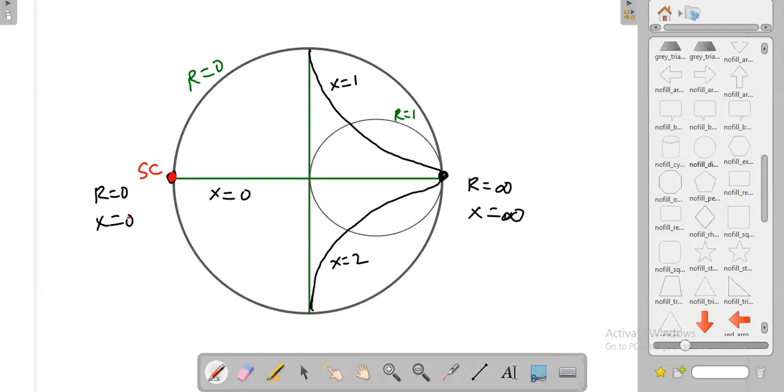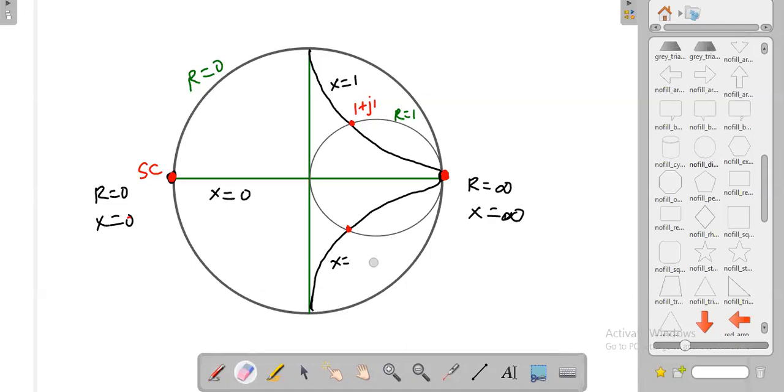If the impedance is of open circuit, then it has to be denoted on the right side of the Smith chart. Then when you have 1 plus j1, it has to be denoted here. When it is 1 minus j1, I think I wrote it wrong.